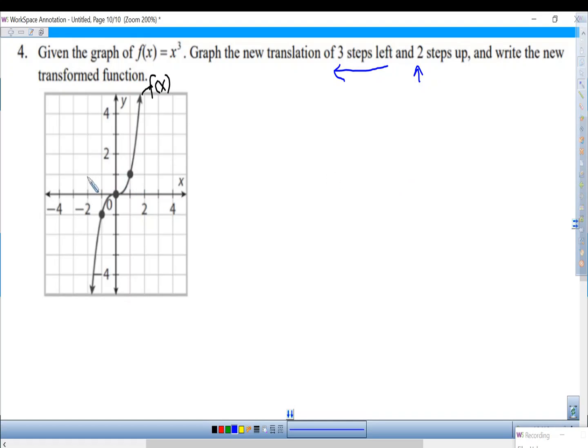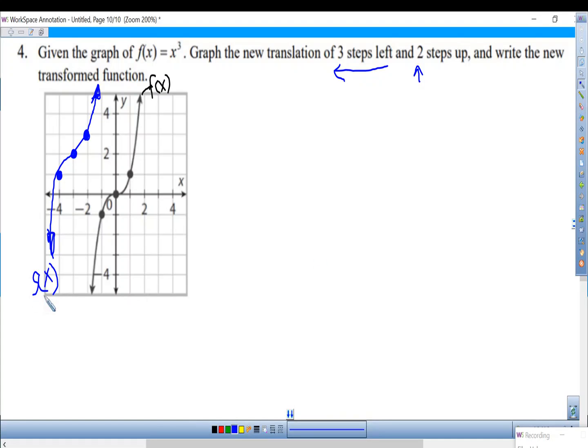So we got 1, 2, 3, and then 1, 2. This one, 1, 2, 3, 1, 2. This one, 1, 2, 3, 1, 2. And then let's make our graph. And what are we going to label this one now? Yeah, g of x. There it is.